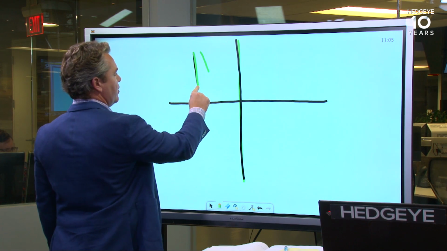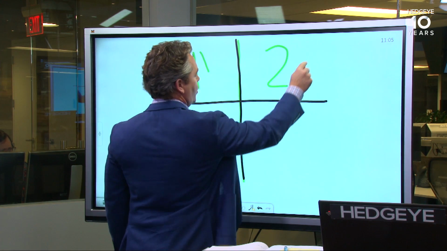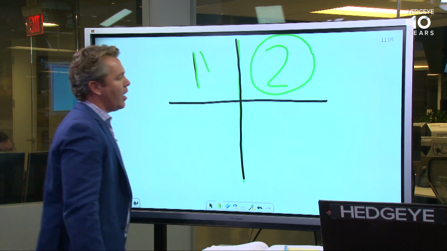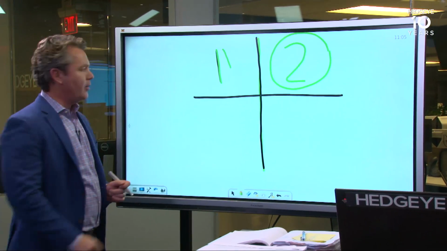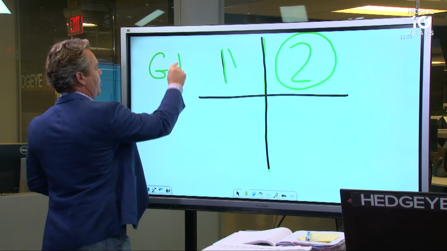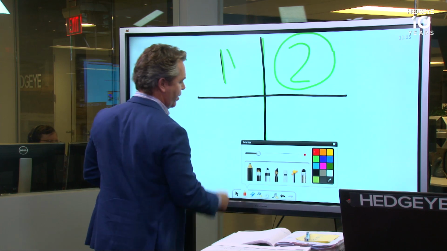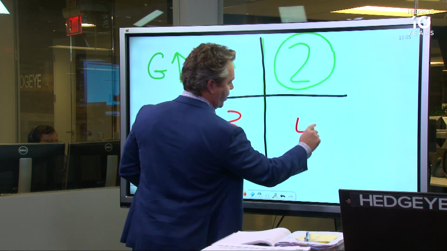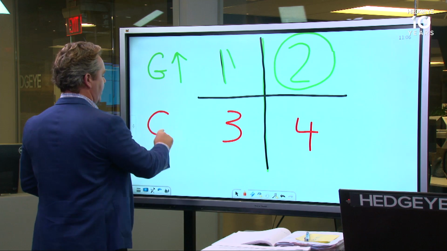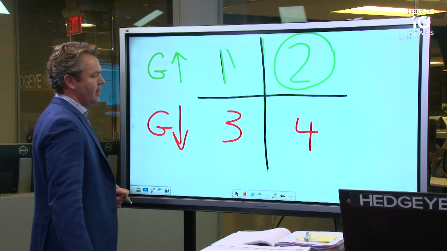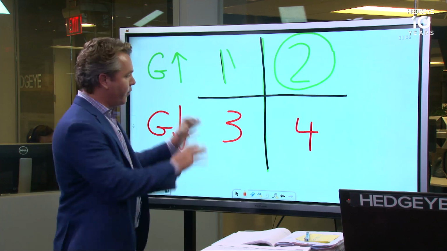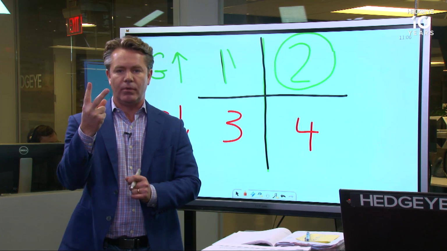Quad 1 is good. Quad 2, really good. So in quad 1 and 2, growth is going up, okay? In quad 3 and quad 4, growth is going down, okay? Got it? You got 4 scenarios, you have 2 factors, okay?